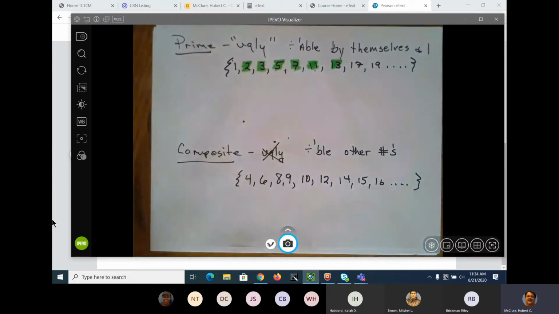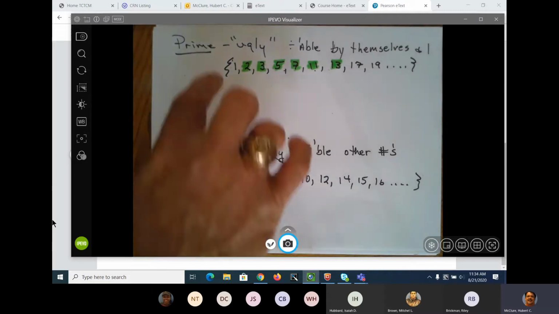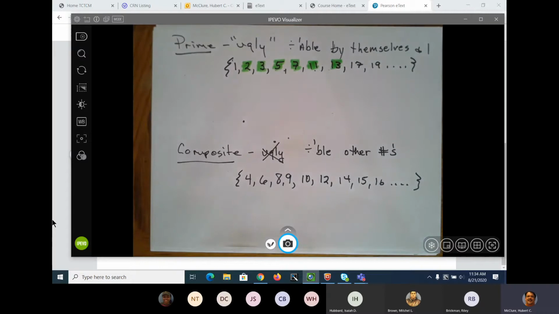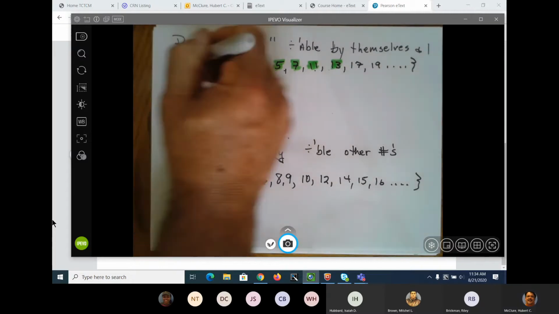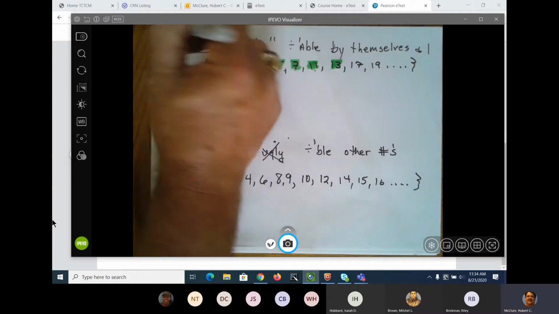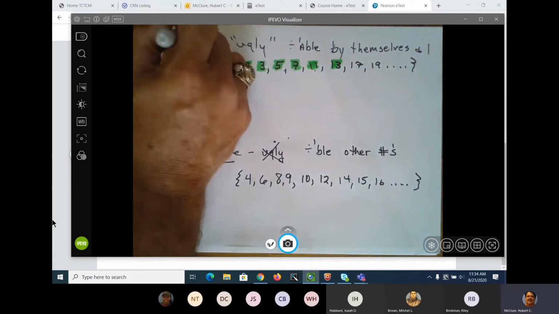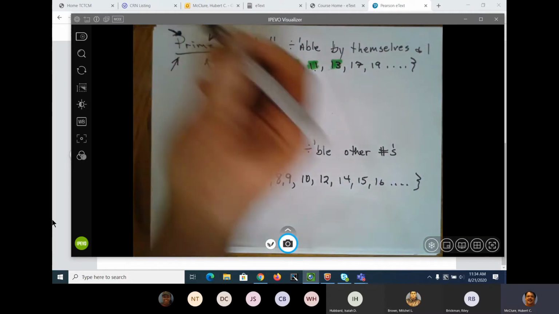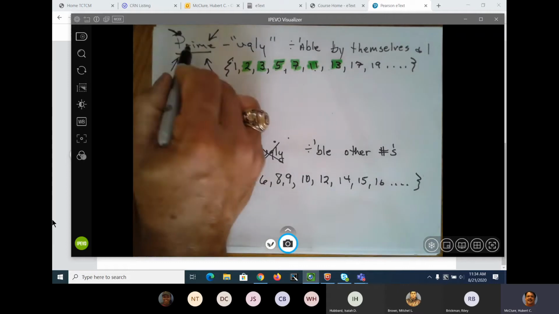And I'm not trying to insult your intelligence, but everything that we learn in 5.1 and 5.3 is based on these guys right here. Everything we do in 5.1 and 5.3 is based on the prime numbers.